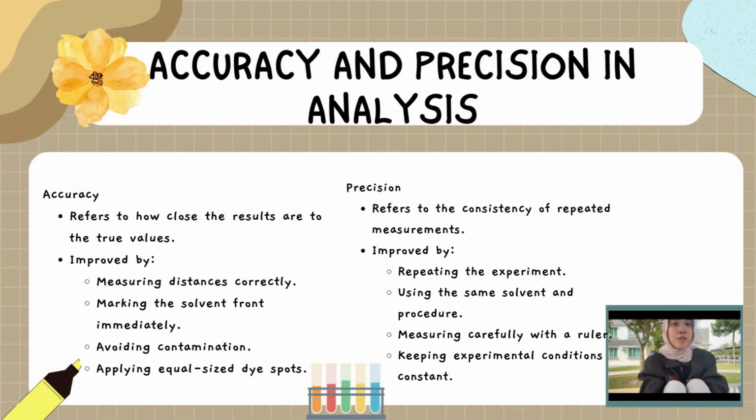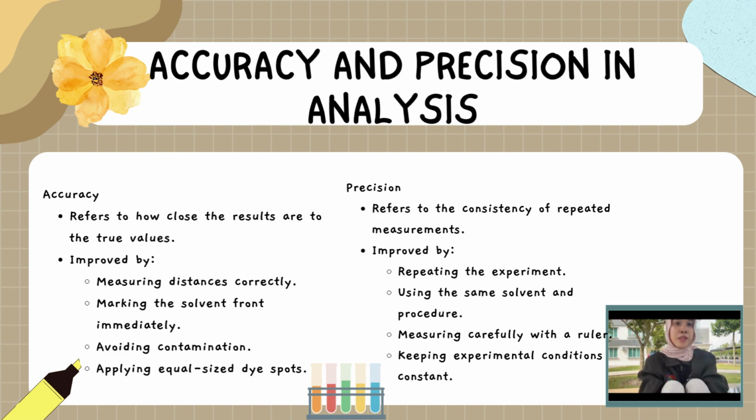Accuracy refers to how close our results are to the true or correct value. We improve accuracy by measuring all distances carefully, marking the solvent front immediately after removing the paper, avoiding contamination, and applying dye spots of equal size. Precision refers to the consistency of repeated measurements.